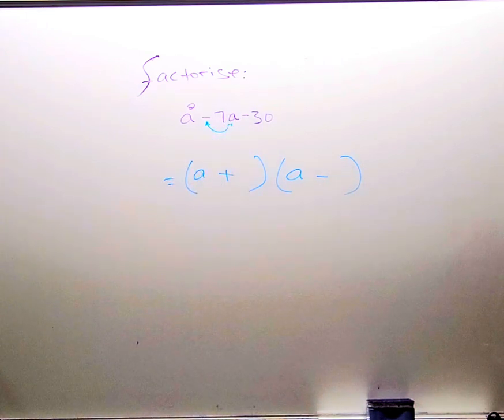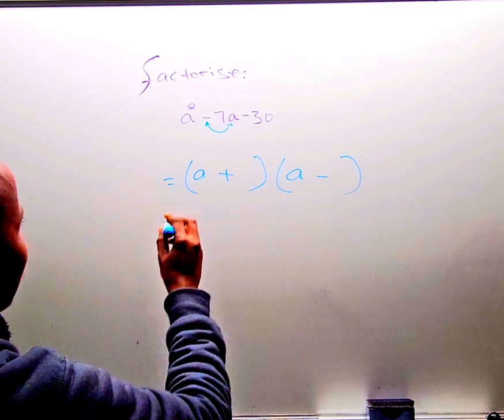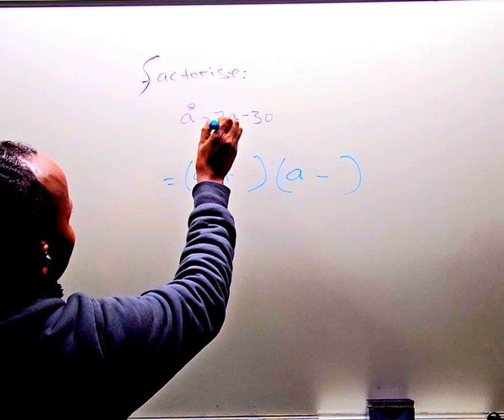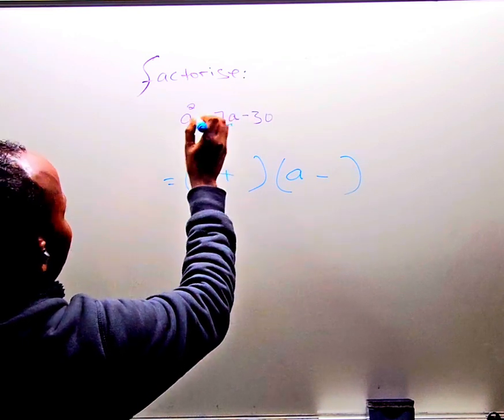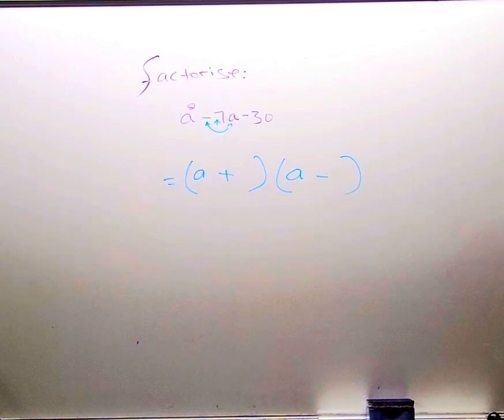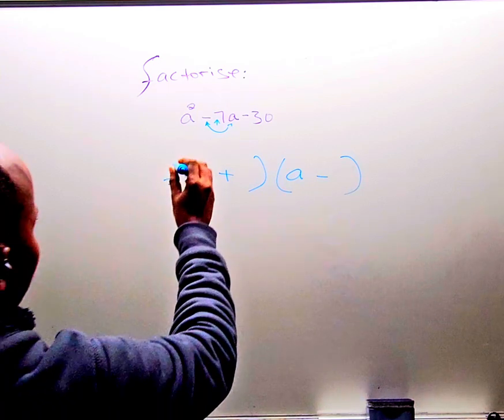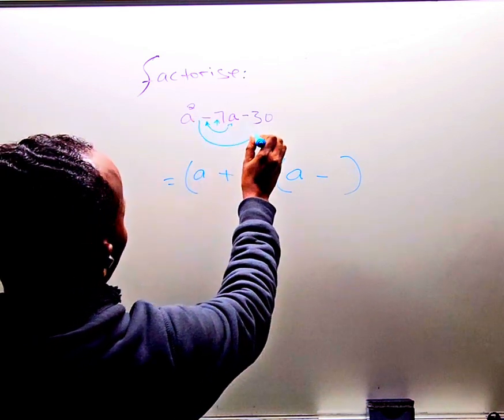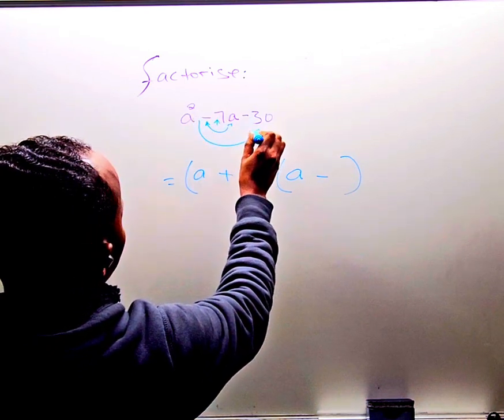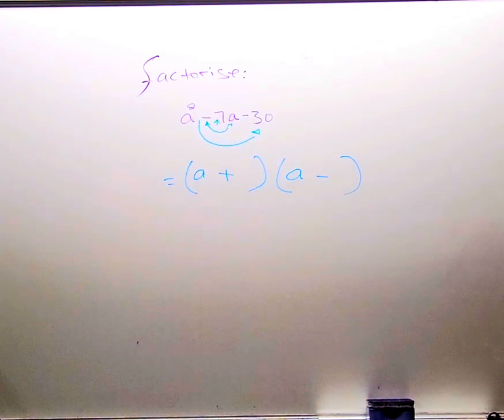Especially, we need to look at the coefficient of a, which is minus 7. Now I need to go from minus 7 back to my constant term.